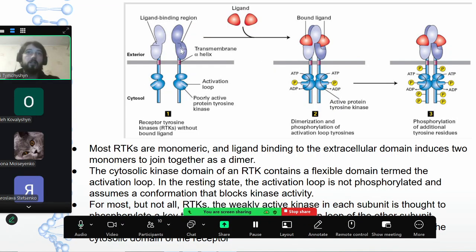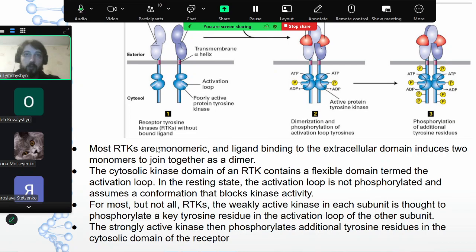They look pretty different, as you see. Here you see these RTKs. When the ligand binds, they dimerize. Here is a step of dimerization. We didn't have that with GPCRs or with ion channels, but here we have it. They phosphorylate each other. Here we have phosphorylation, and this phosphorylation activates the receptor.